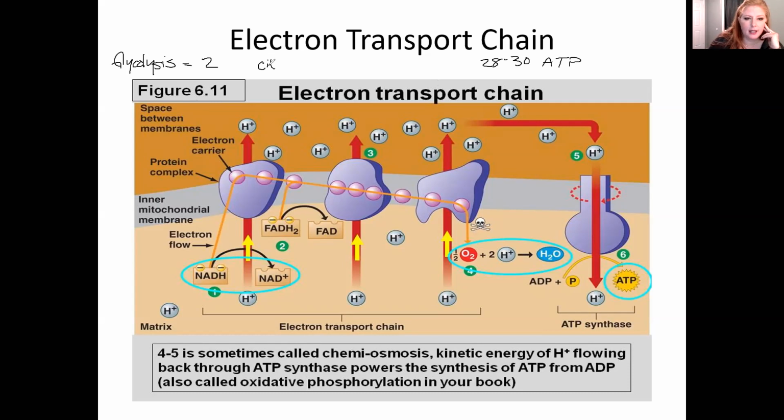The citric acid cycle gave us 2, 1 from each turn. That is nothing compared to this huge amount that we get from the electron transport chain, okay? That's why the electron transport chain and oxygen and breathing are so important, because this is where we get most of our energy. One more slide to show you.